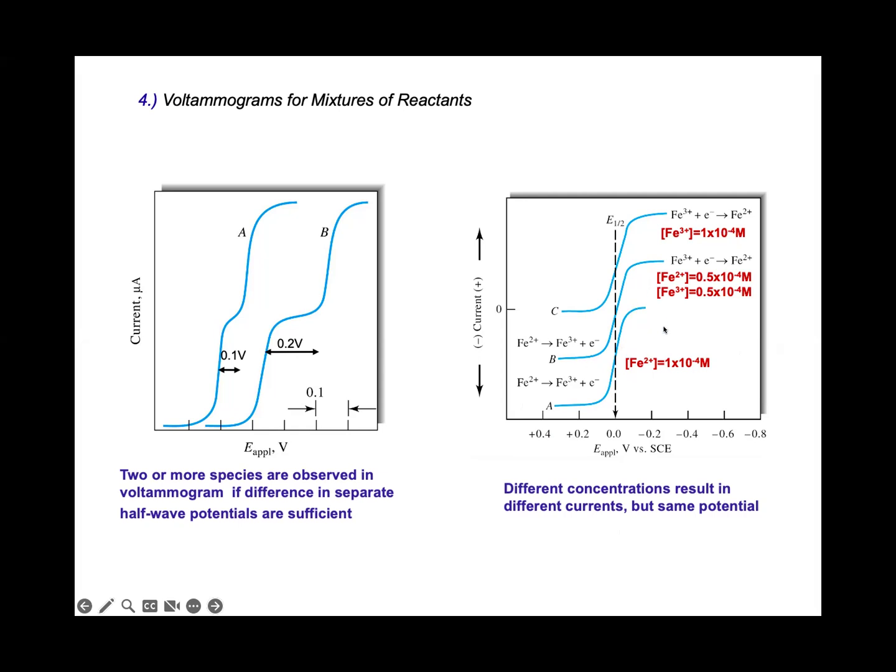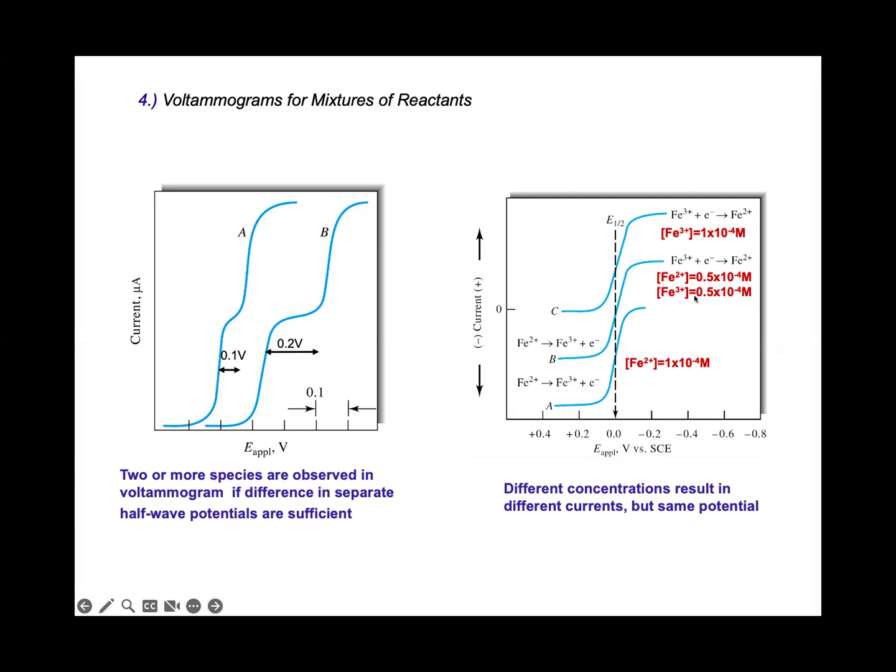If you run it separately, I'm not talking about having ferrum 2 plus at a concentration of 1 × 10 to the -4 and then concurrently in the same beaker running 0.5. You run the voltammetry analysis separately. We should be observing the same half-wave potential because they are the same species.